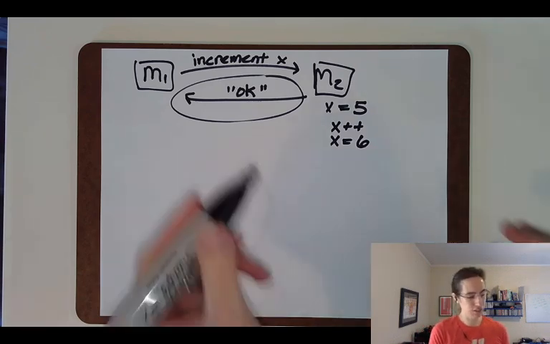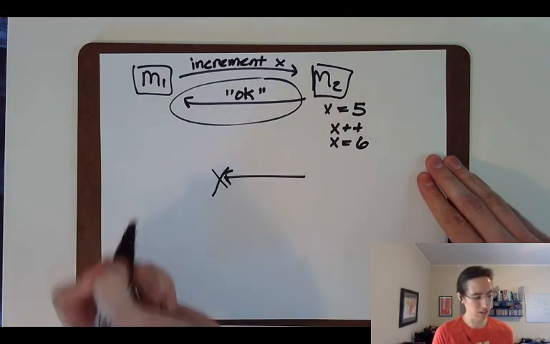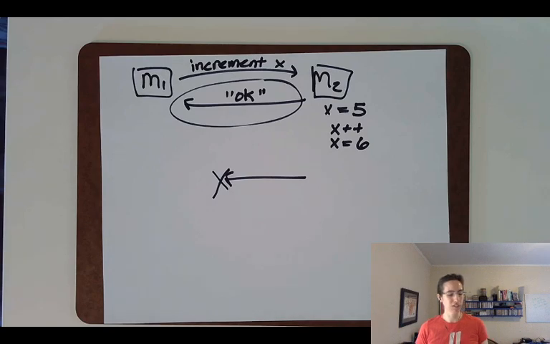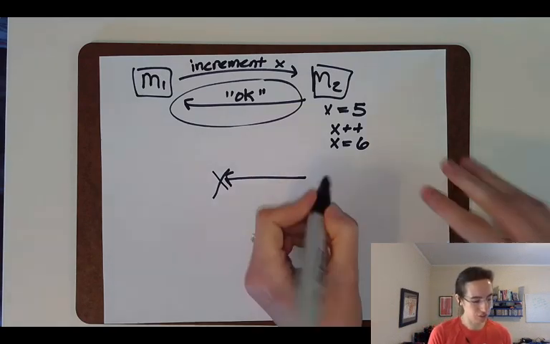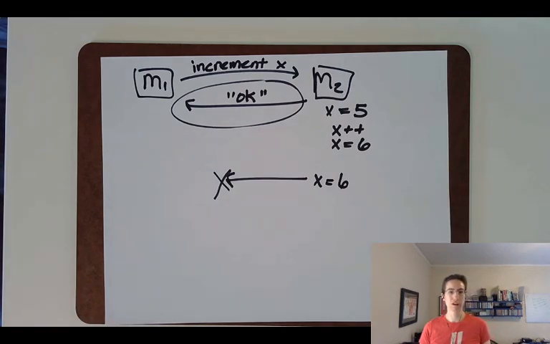Because the failure could have been the one where M2 sent the message back and then the message got lost. In that case, X could already be 6 over here, and M1 would just never get the confirmation. So if M1 sent this message out and never got a response, M1 wouldn't know whether the increment happened or not. It's not safe to assume that it did or it didn't.